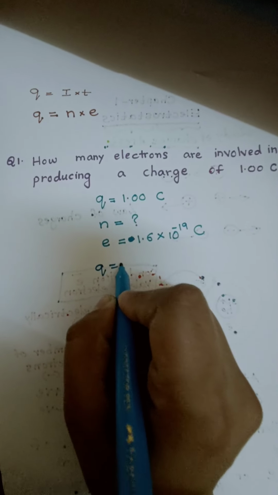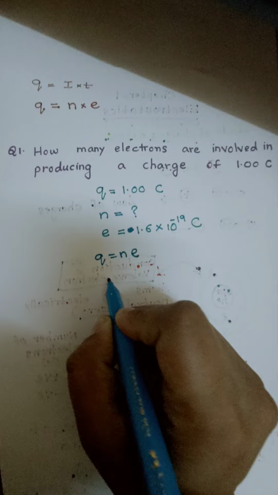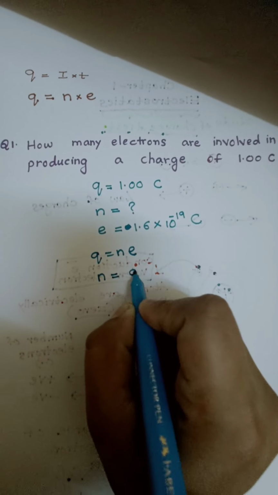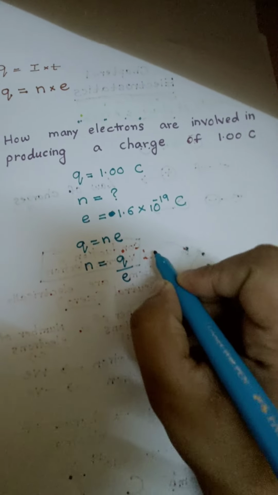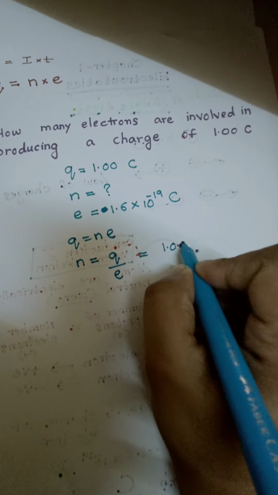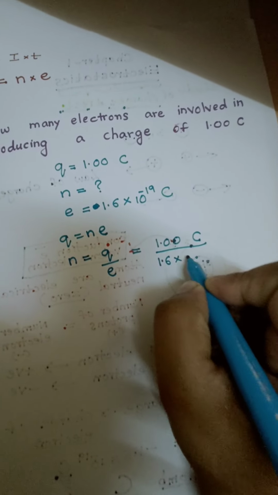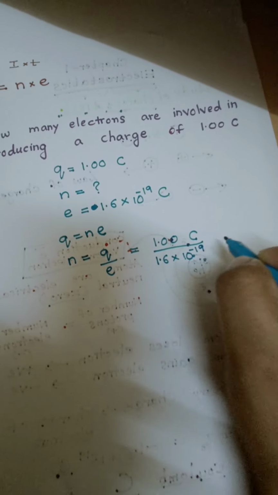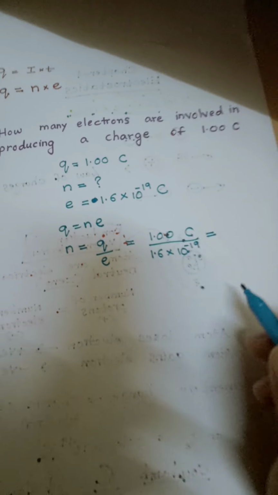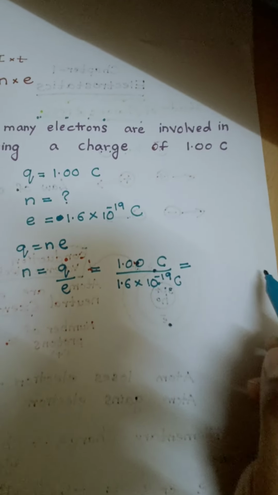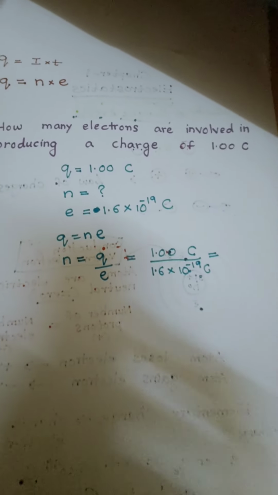This is our equation, Q equals NE. So N will be equal to Q over E. So Q is 1 coulomb over E, which is 1.6 times 10 to the power minus 19. So on doing this in calculator, you will get the answer for the number of electrons.